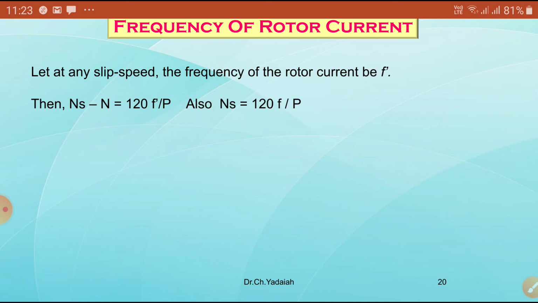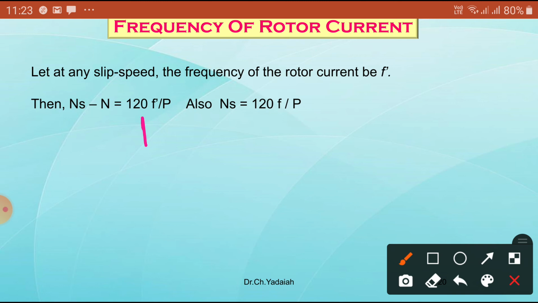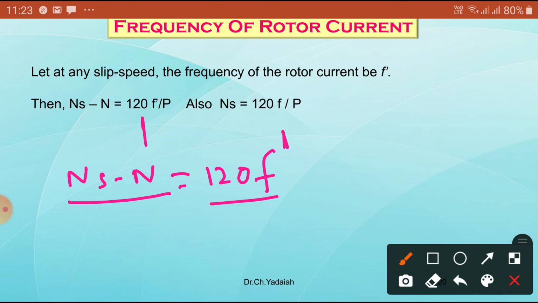So take this one equation: Ns minus N, the speed, is equal to 120 F dash by P. This is the first equation, at some slip speed.